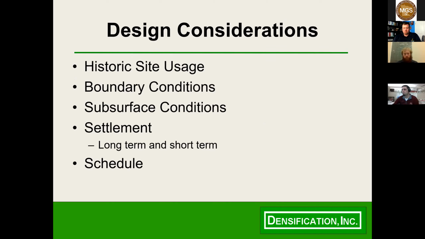Well, whether you're doing deep foundations or whatever you're doing, you want to know what was on a site before. Particular to the vibration concerns here, boundary conditions, what kind of buildings, utilities, things like that are of concern. Your subsurface conditions, understanding what kind of settlement criteria is in place from the structural engineer, and then schedule plays into things as well.